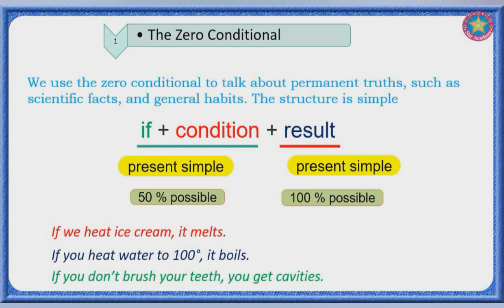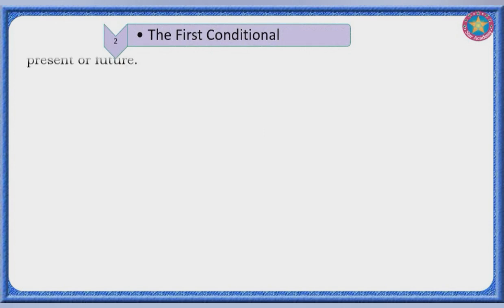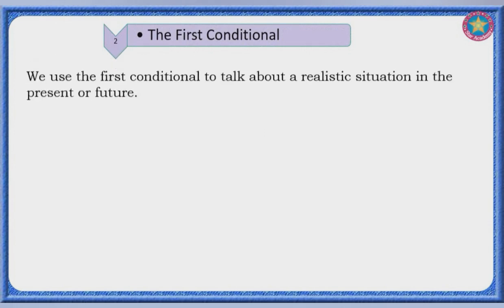Now, the first conditional. We use the first conditional to talk about a realistic situation in the present or future. The structure will be if plus condition. This will be in present simple.